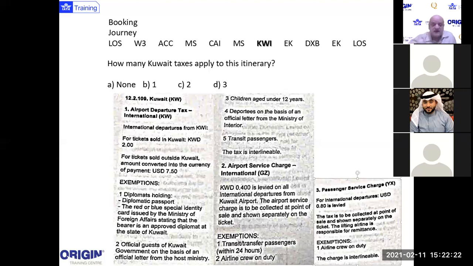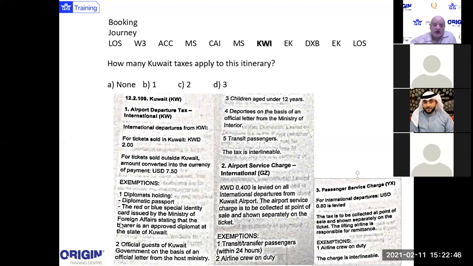So for instance, we are leaving Lagos with airline W3, but we're not flying with W3 in or out of Kuwait. Doesn't matter, it's an interlineable tax, which means they issue the ticket, they are responsible.